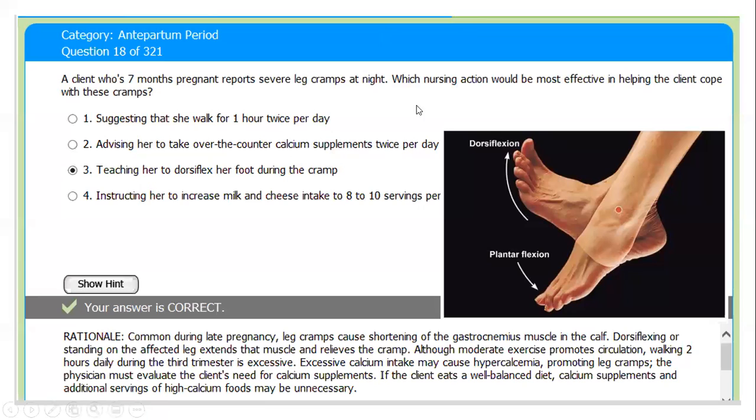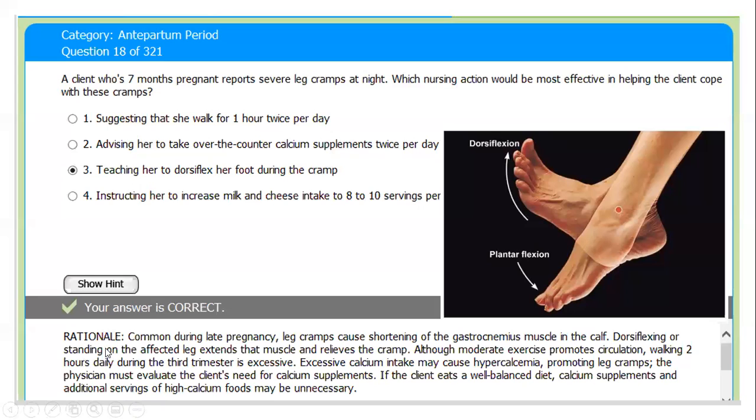So the main difference between dorsiflexion and plantar flexion: dorsiflexion is the action which decreases the angle between the leg and the dorsum of the foot, whereas plantar flexion is the action which decreases the angle between the back of the leg and the sole of the foot.